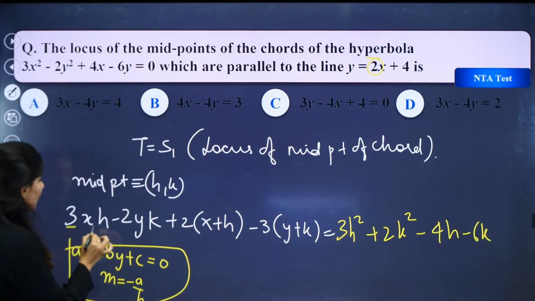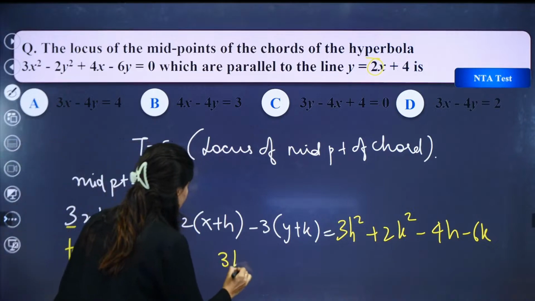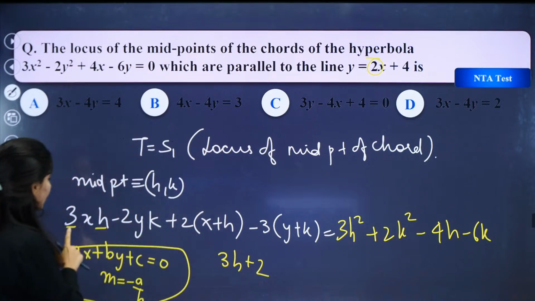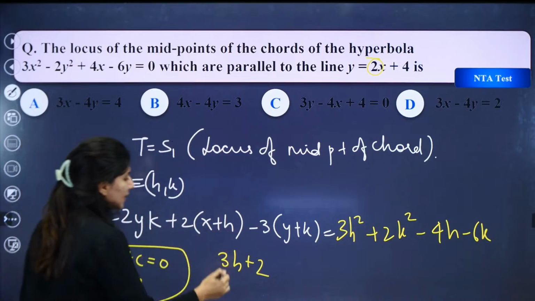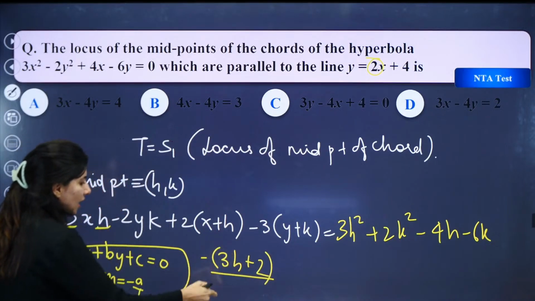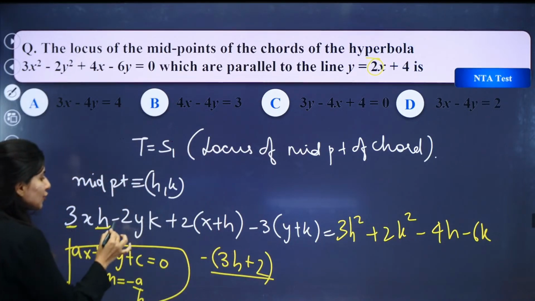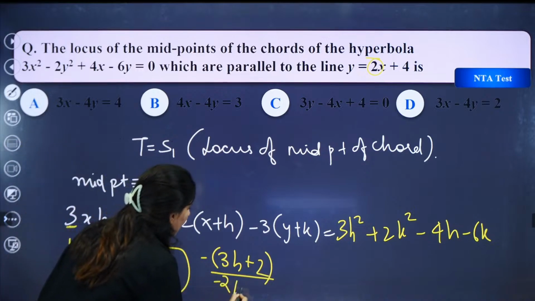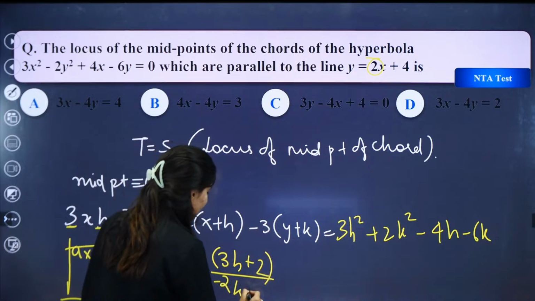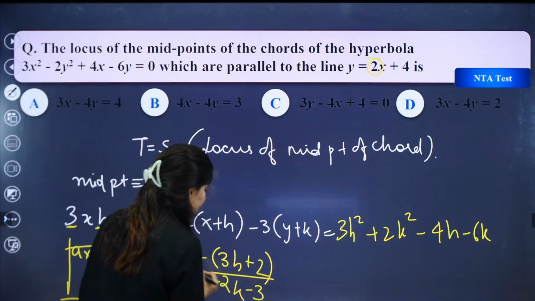What is the coefficient of x? 3h plus 2. Yes, that's it. Coefficient of x is 3h plus 2, whole upon, with a negative sign. What is the coefficient of y? Minus 3. Yes, that's how it is.